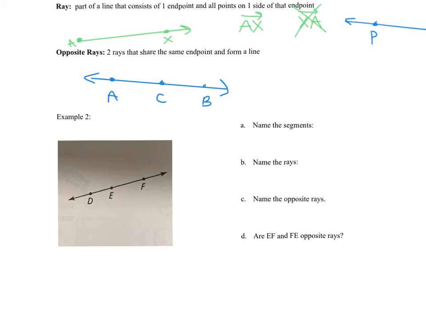Our opposite rays here have to be ray CB and ray CA. The first letter on both of them would have to be the same if they're potentially going to be opposite rays. So CB and CA, those are the only opposite rays in that picture, okay?